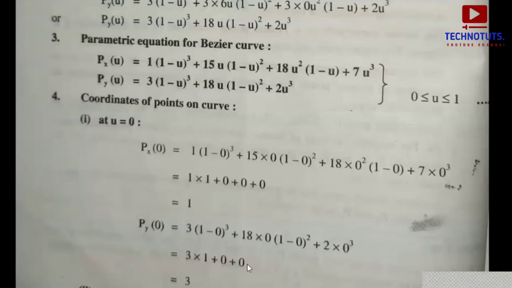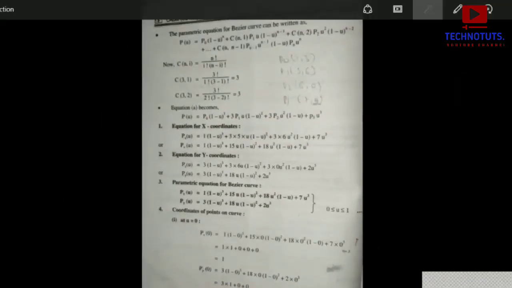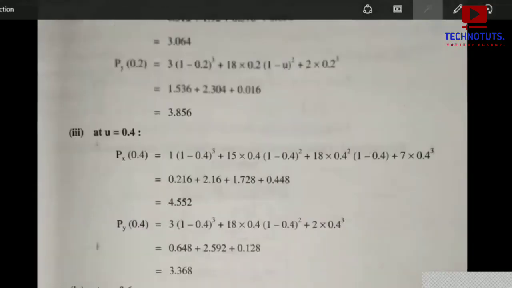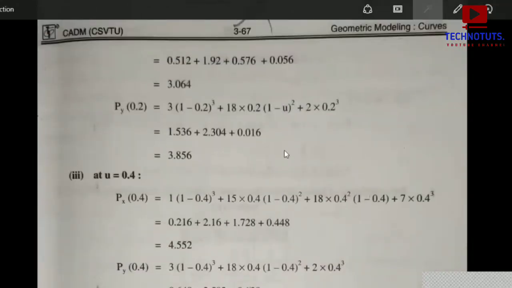Similarly, at u equal to 0.2, we have obtained the value of px of 0.2 as 3.064 and py of 0.2 as 3.856.